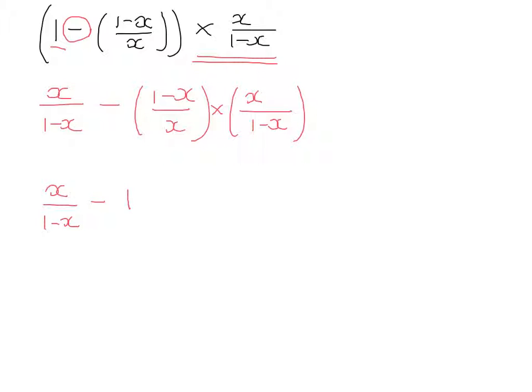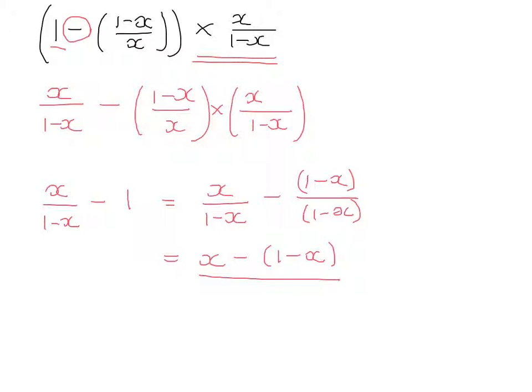Now we still wouldn't end up leaving it like that. If you remember, you can only add or subtract like fractions with like, so instead of having minus 1, I'm going to have 1 minus x over 1 minus x. But I've got a subtraction there in the middle. x take away 1 minus x over 1 minus x.